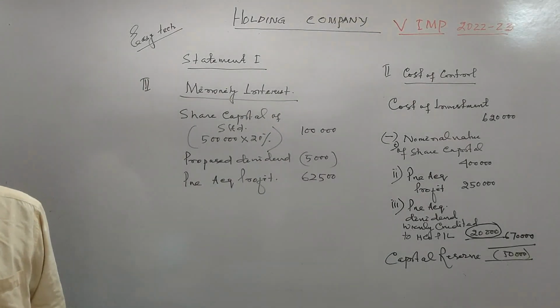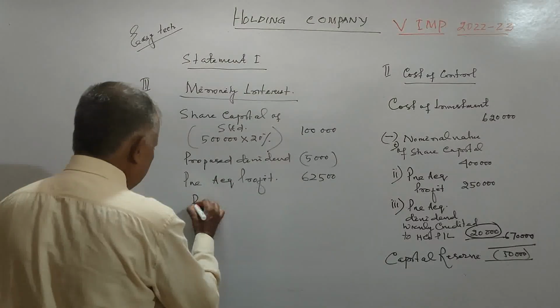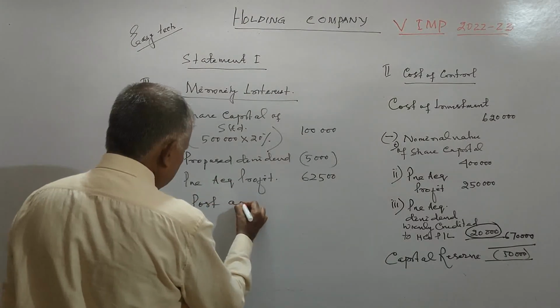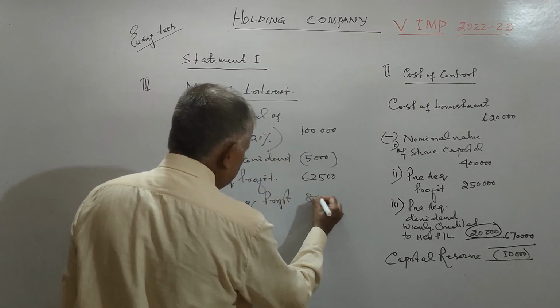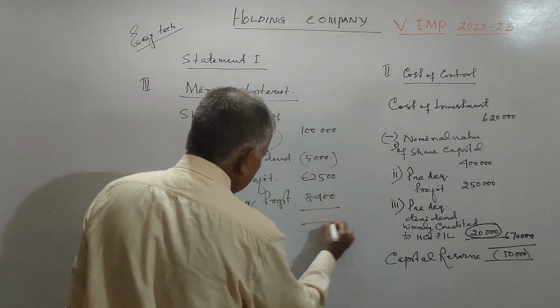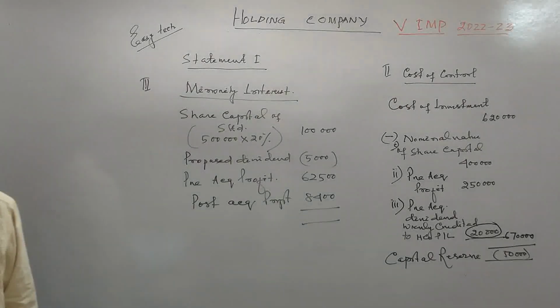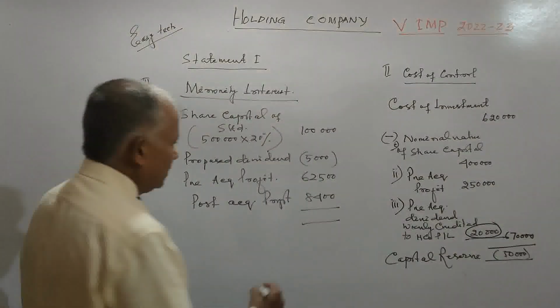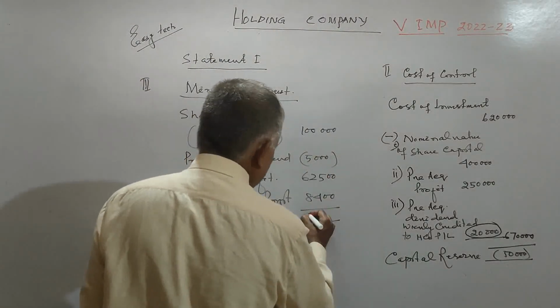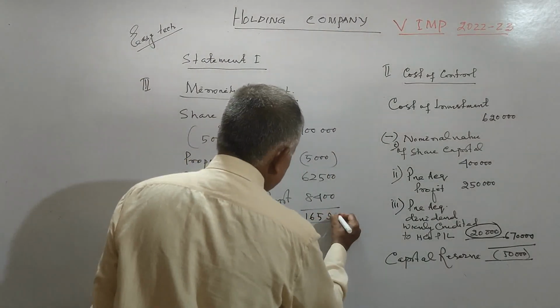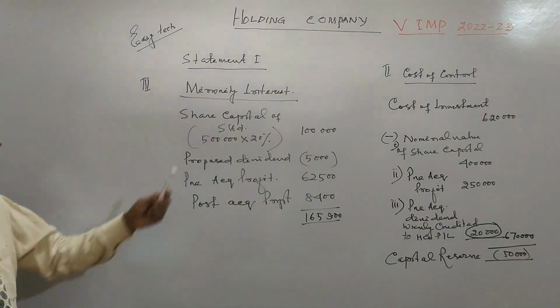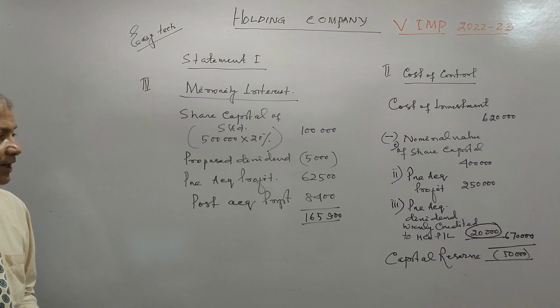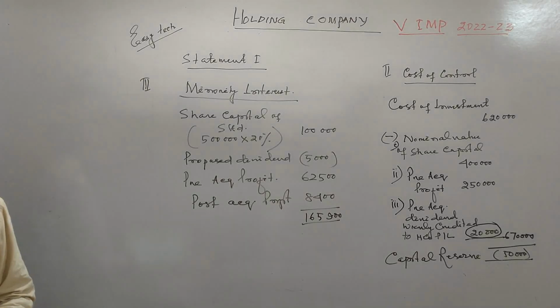So this will be coming, and post-acquisition profit. Post-acquisition profit is 8,400. If we make a total here, it comes to 1,65,900. Right? So this is how the minority interest will be calculated.